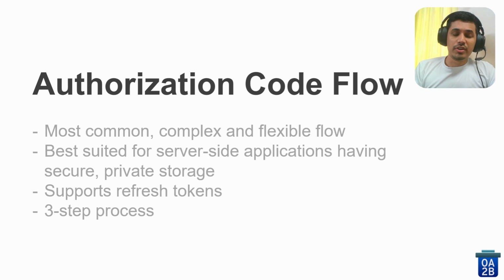This authorization code, along with the resource owner password credentials flow, is the second flow in OAuth 2.0 which supports refresh tokens. And finally, it's a three-step process. This entire flow consists of three well-defined steps, and we'll be taking a look at each of them in a lot of depth in this video.